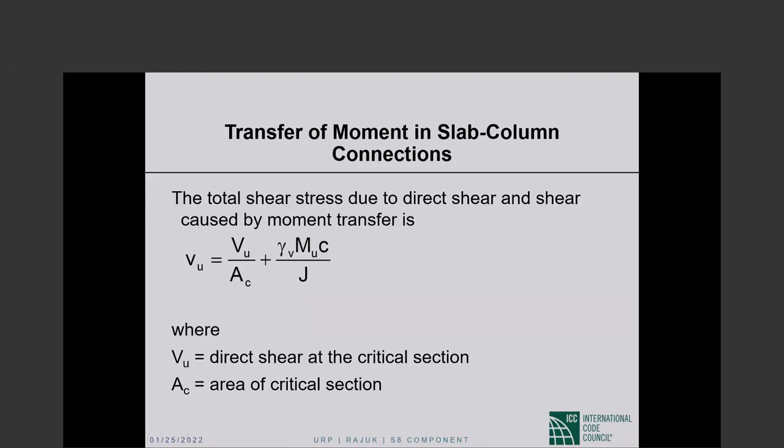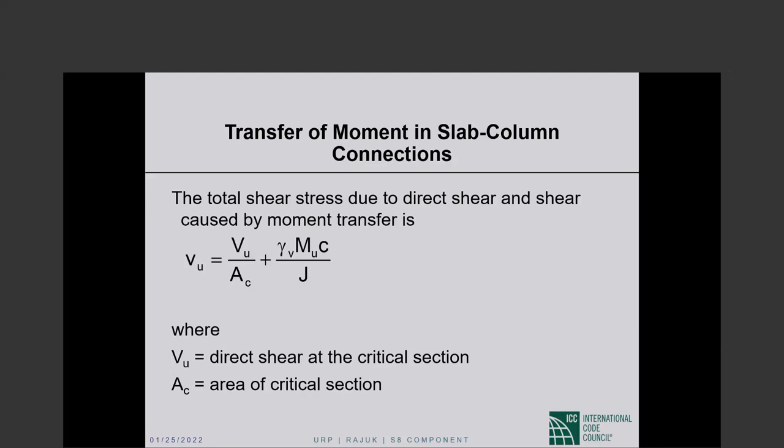This is a critical section with four faces with a hole inside. So it is not the moment of inertia, it's a polar moment of inertia, multiplied by the distance. This is like M over I times y, but this is an annular section.